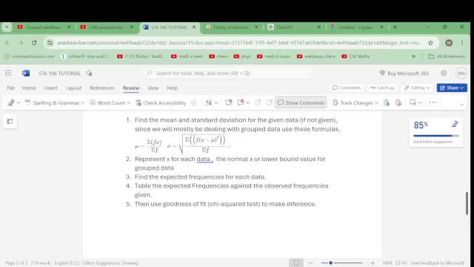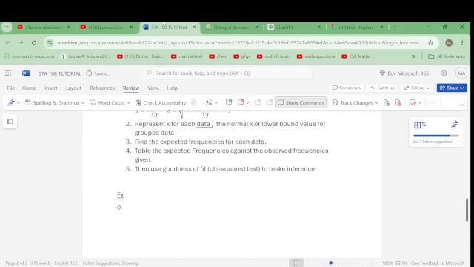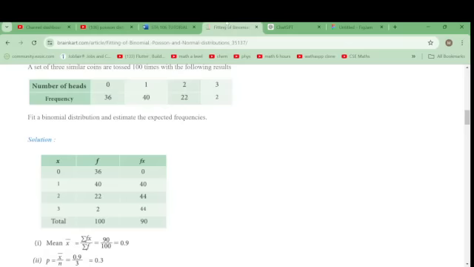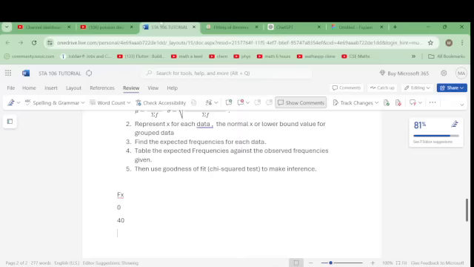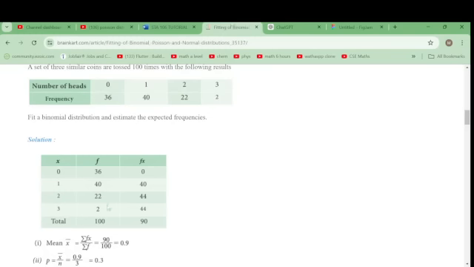So you should know what you are doing. So our fx, let's make our fx table here. Our fx table: 0, 40, based on what we are getting here, 44, then 6. This is it, 3 times 2.